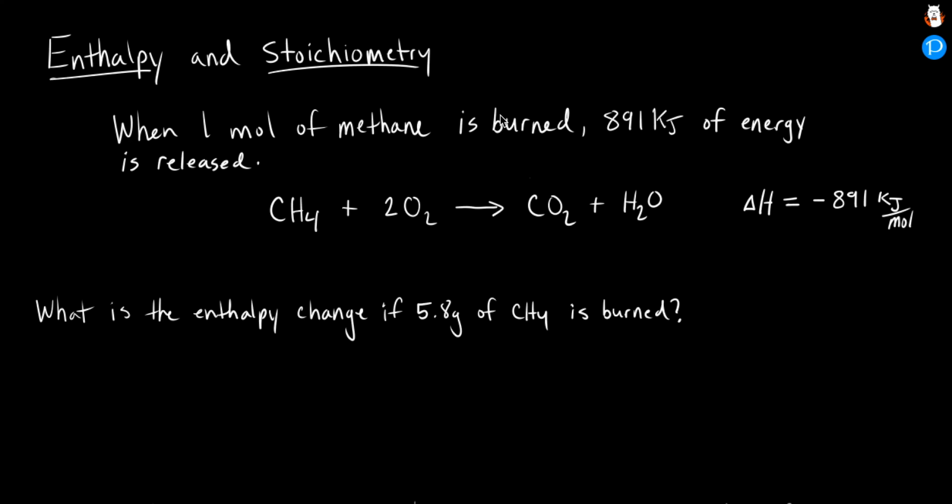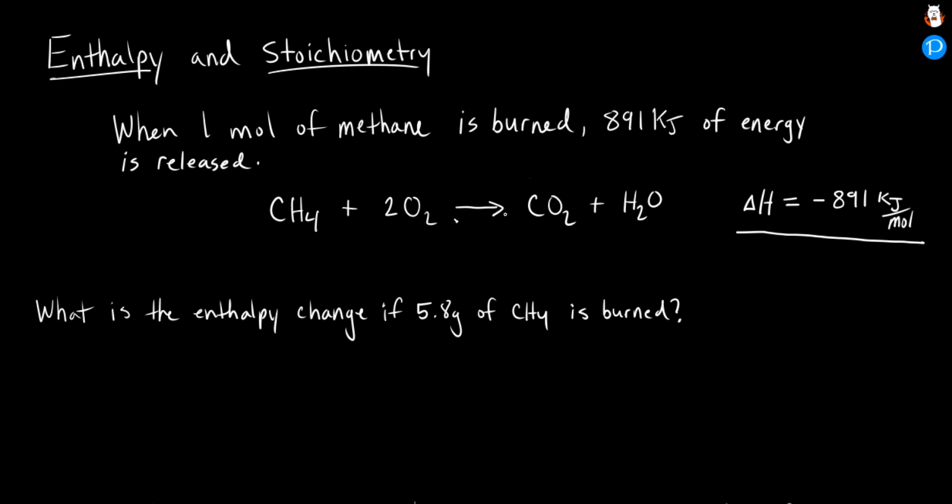Let's take a look at this problem where we have enthalpy and we're going to use stoichiometry to figure out some enthalpy changes. So we have this chemical reaction right here. We've got CH4 plus O2 to give us CO2 and water. And then over here to the side, they list this delta H, this enthalpy value, and it says negative 891 kilojoules per mole.